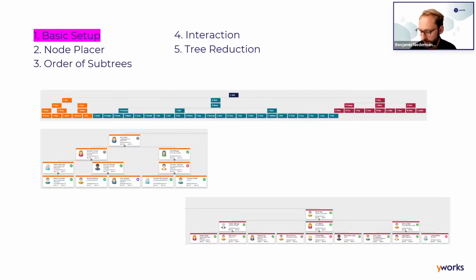In the next step, I will explain how to improve the placement of the nodes so that they are not placed along this very long horizontal line, but such that the drawing becomes more compact. I will also explain how we can improve the positions of the nodes such that the vertical segments become longer. And this is the part of the node placers.